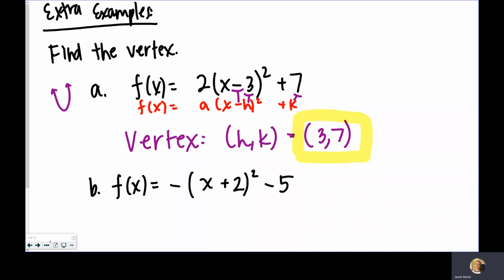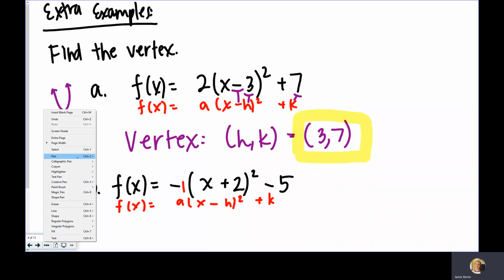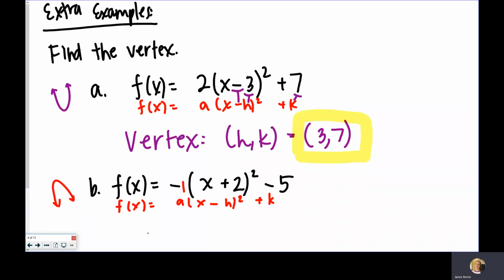All right, so I'm going to go ahead and write vertex form up underneath this. Now, first of all, I just wanted to note that my value for a is -1, which tells me that my graph is going to be concave down since a is negative. I can tell that I'm in vertex form, so I know that my vertex is going to be the ordered pair (h, k).